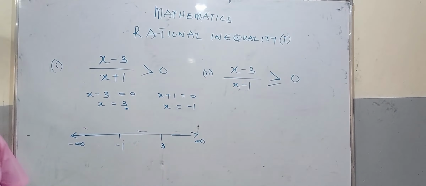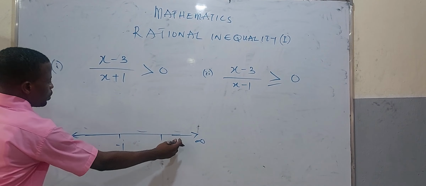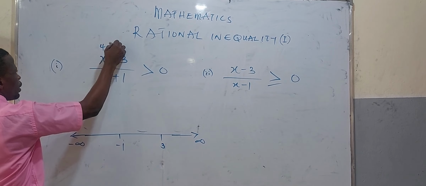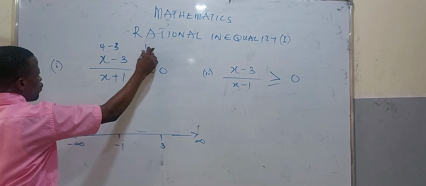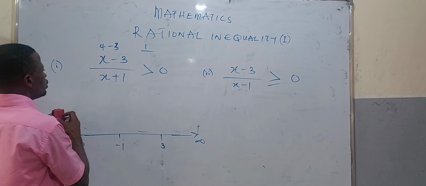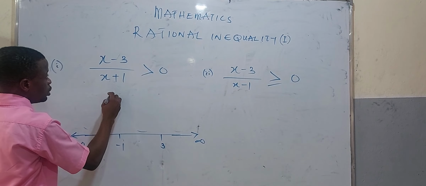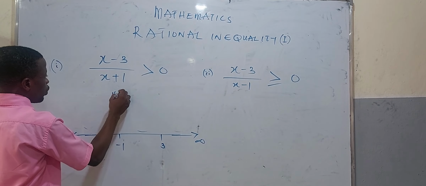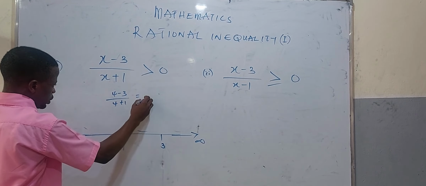If we pick x to be 4, that will be 4 minus 3 over 4 plus 1.